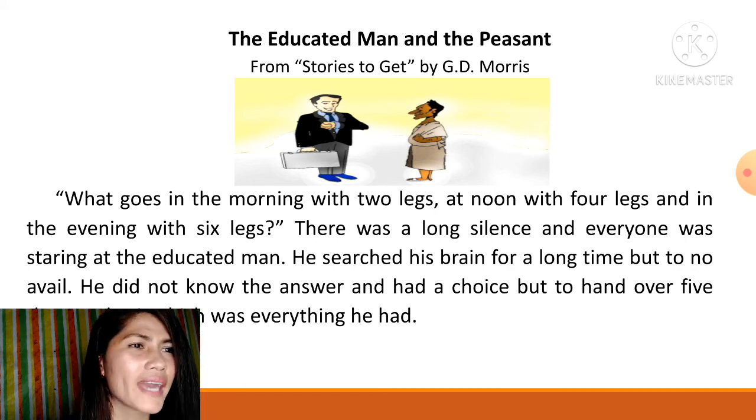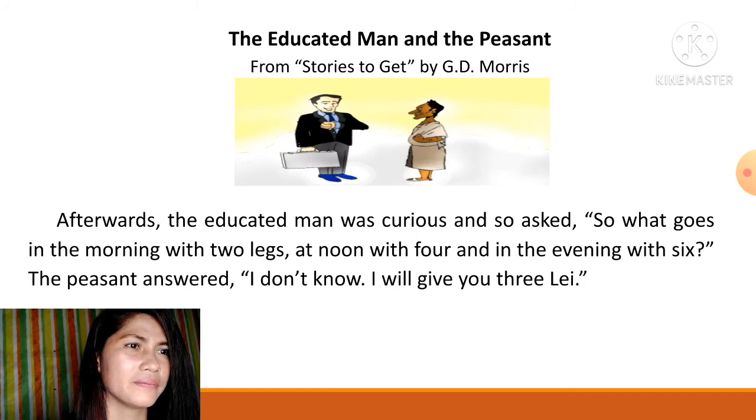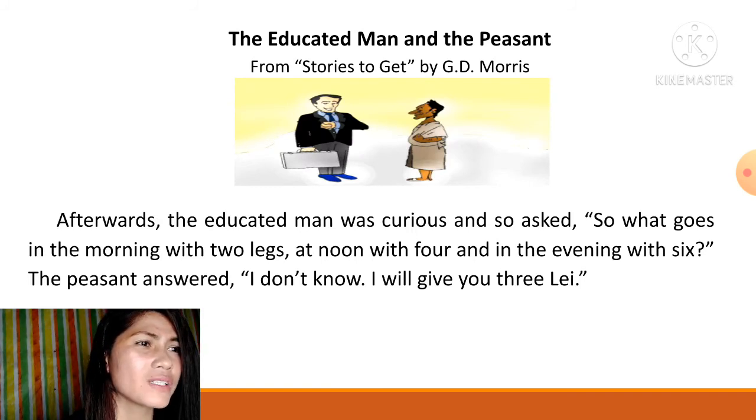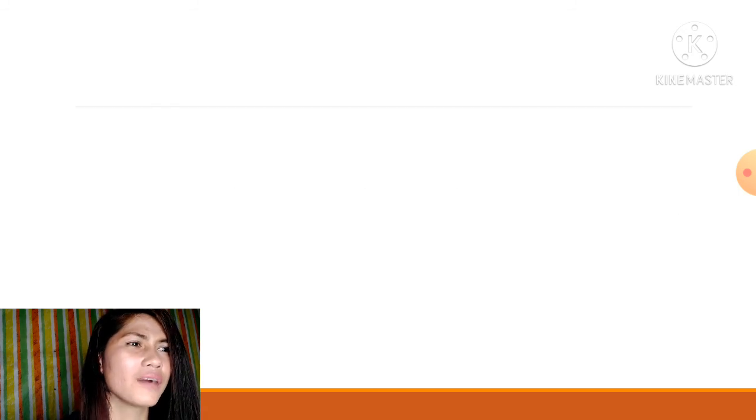He did not know the answer and had no choice but to hand over 5,000 li, which was everything he had. Afterwards, the educated man was curious and so asked, "So what goes in the morning with 2 legs, at noon with 4, and in the evening with 6?" The peasant answered, "I don't know. I will give you 3 li."